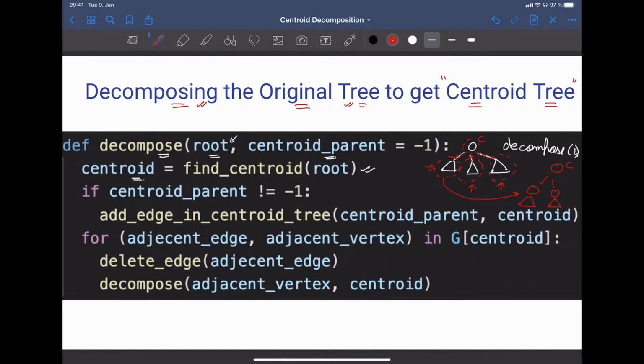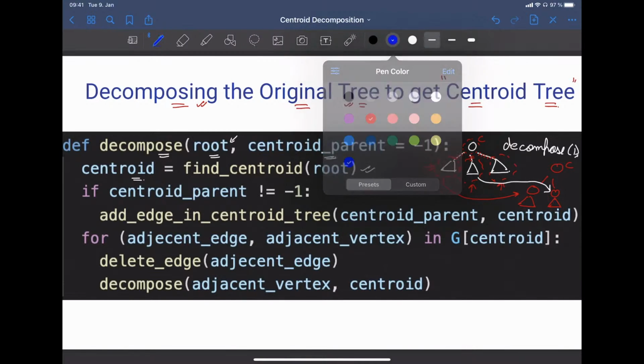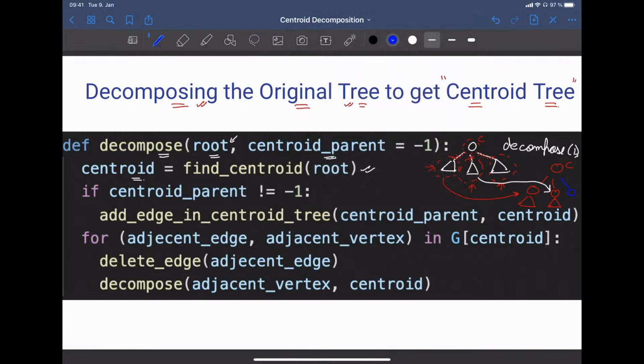Similarly, you attach the centroid tree returned from the second subtree here, and say you attach the centroid tree of the third subtree here. So basically, as the centroid parent, I pass on the centroid node of the previous component.